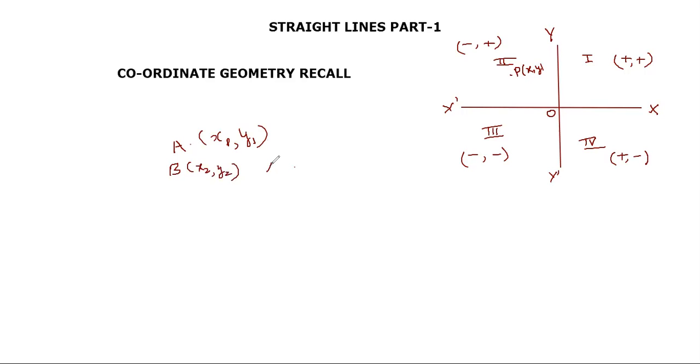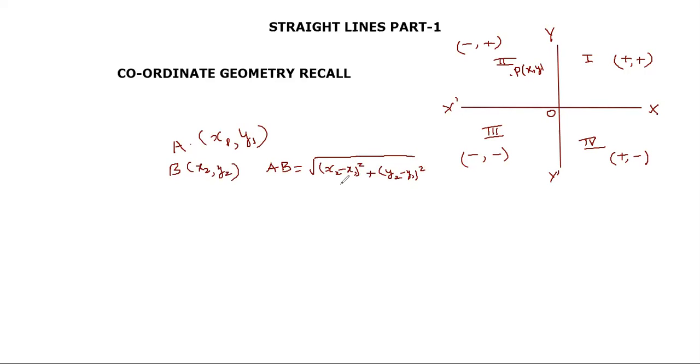Then the distance between these 2 points is given by the distance formula we studied: under root, (x2 minus x1) whole square plus (y2 minus y1) whole square. This is the very first formula which we studied in coordinate geometry, the distance formula.